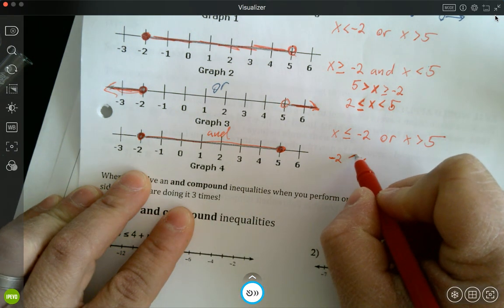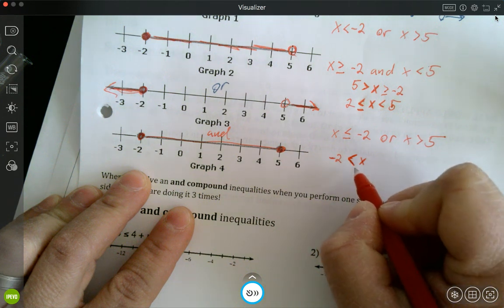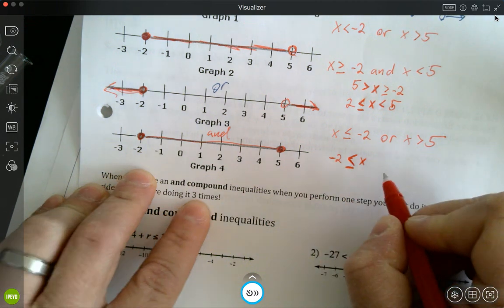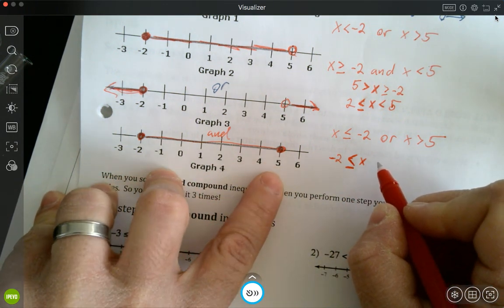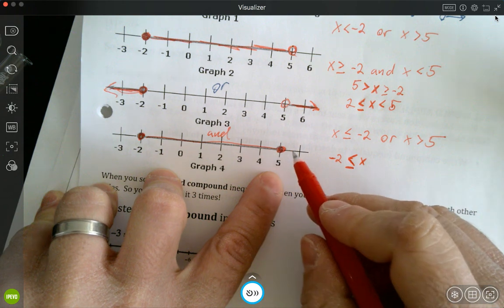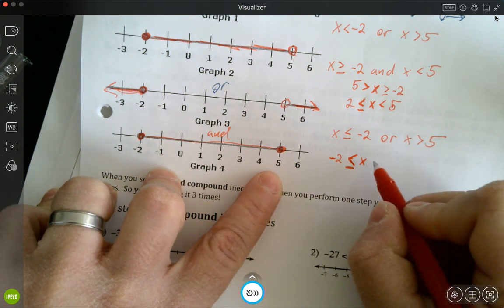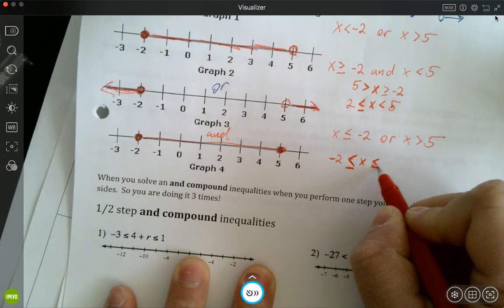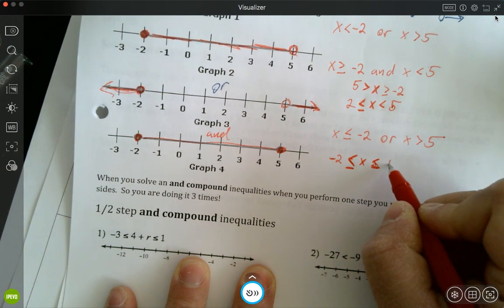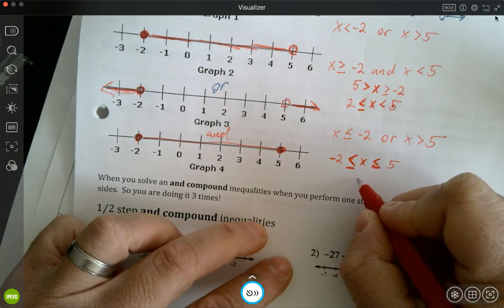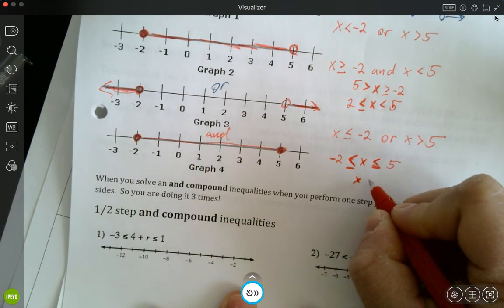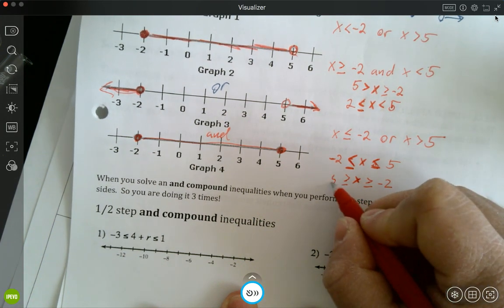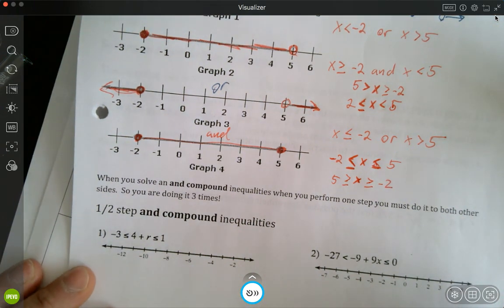So x is greater than or equal to -2, and then over here, for the 5, would I put less than or equal to? Yeah, I would put less than or equal to 5. And if I switched it, I could do x is greater than or equal to -2, and less than or equal to 5. So that's a little tricky to write that way.